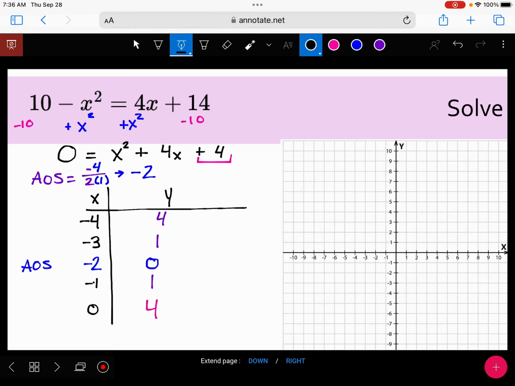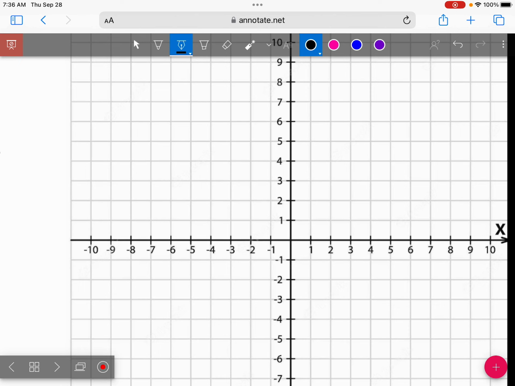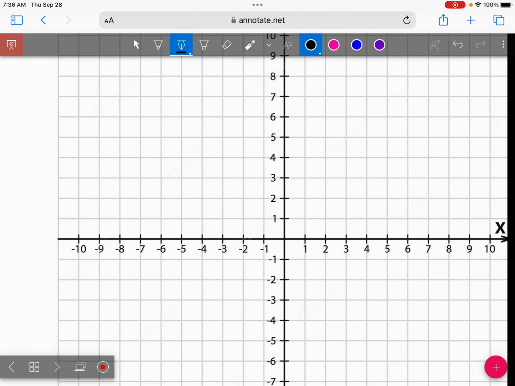So then we're going to plot our points here. I have negative 4, 4. I have negative 3, 1. Negative 2, 0. Negative 1, 1. And 0, 4.